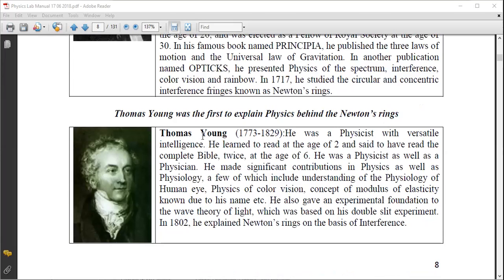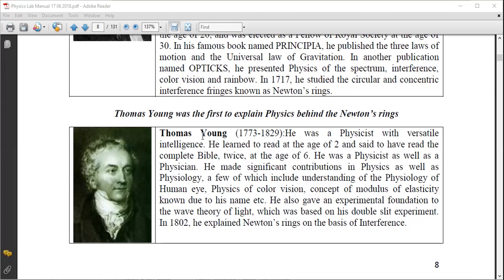He explained the physics of colors, vision, and the concept of modulus of elasticity. He also gave experimental foundation to the wave theory of light, and his Young's double slit experiment is very famous. We are going to learn about Young's double slit experiment in the diffraction topic in our next lecture sessions.